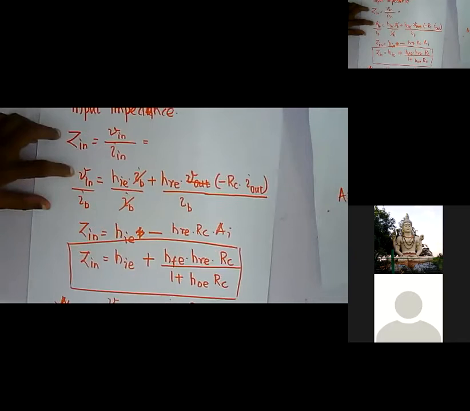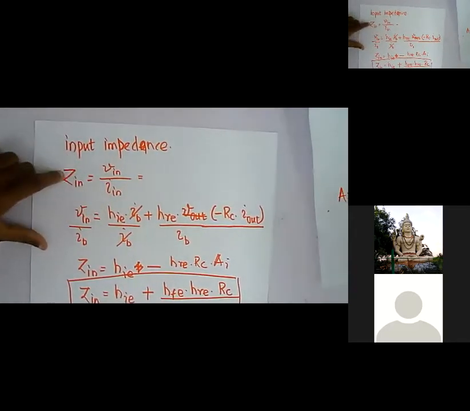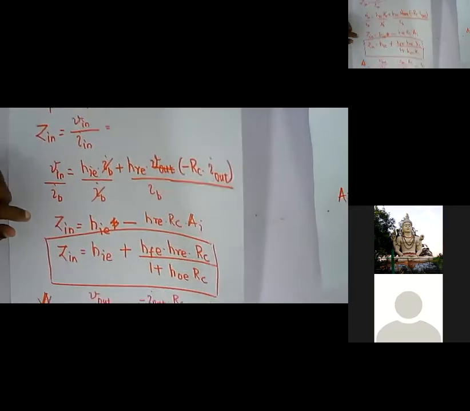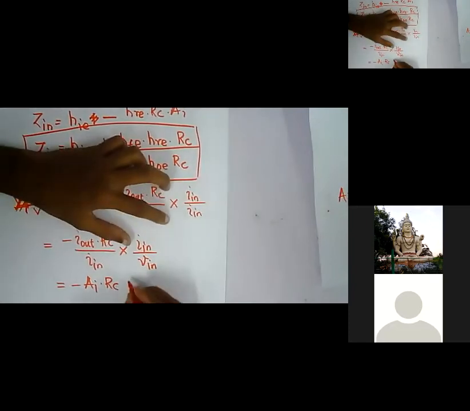Your V in by I in is Z in, so I in by V in becomes 1 over Z in. Am I right?